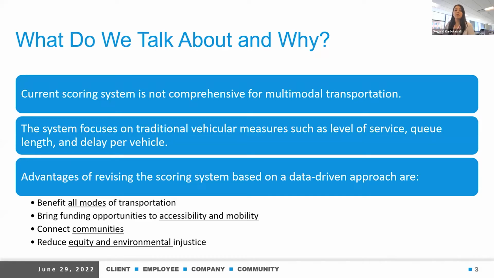The system focuses on traditional vehicular measures like level of service, queue length, delay per vehicle, etc. And the advantages of revising this scoring system based on a data-driven approach are so many, but to name a few: benefit all modes of transportation rather than only auto, bring funding opportunities to accessibility and mobility projects, connect communities that have been divided by highways and other interstate projects, and reduce equity and environmental injustice in those communities.